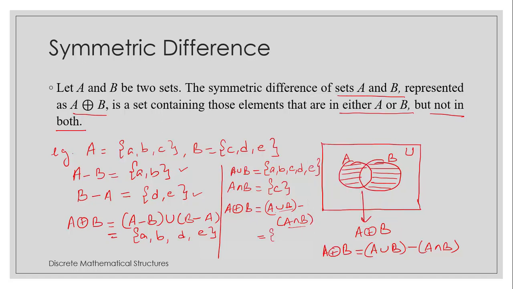So the answer will be A, B, D and E. You can see that both the answers are the same. So we can use either this formula to calculate symmetric difference or this one.